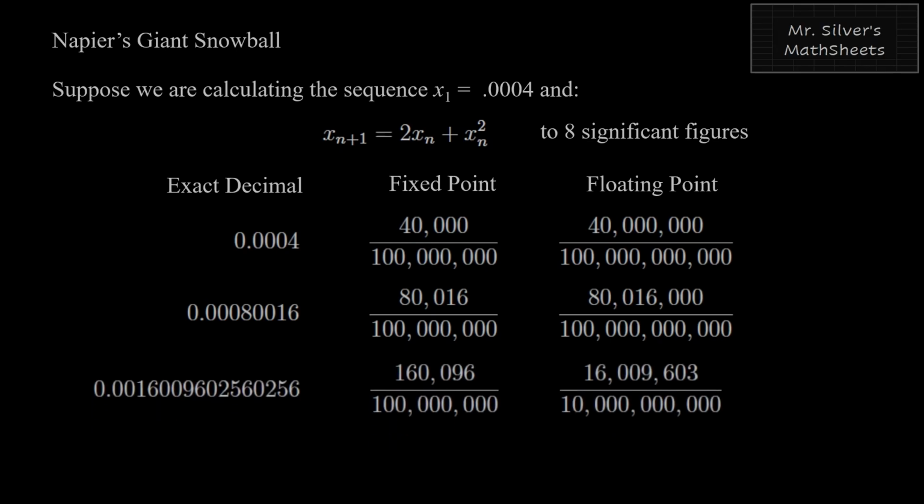In the fixed point, we've rounded to 6 digits because the numerator is 6 digits large. That's how big the denominator will accommodate. In the floating point, we allow the denominator to be larger. That allows a bigger numerator, 8 digits.